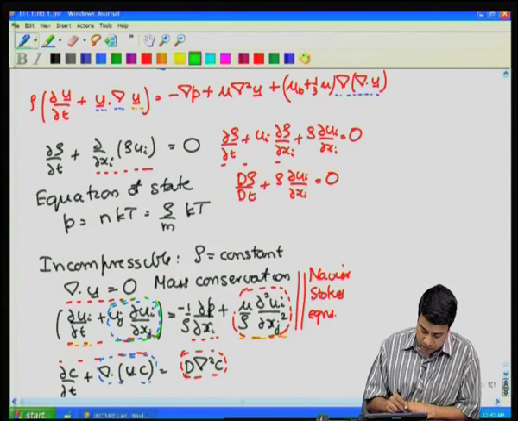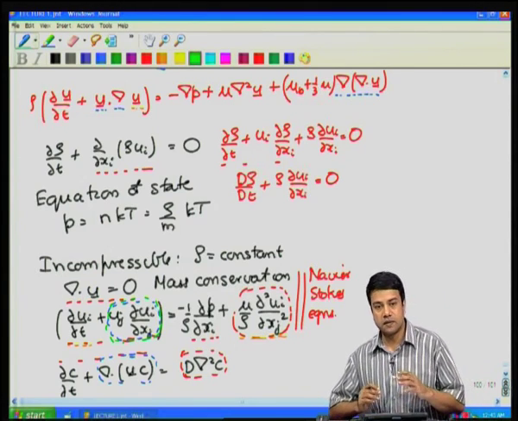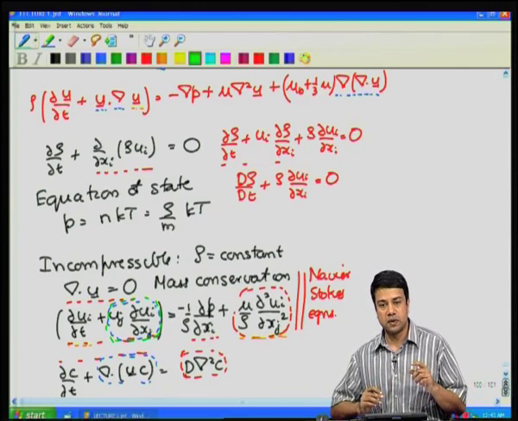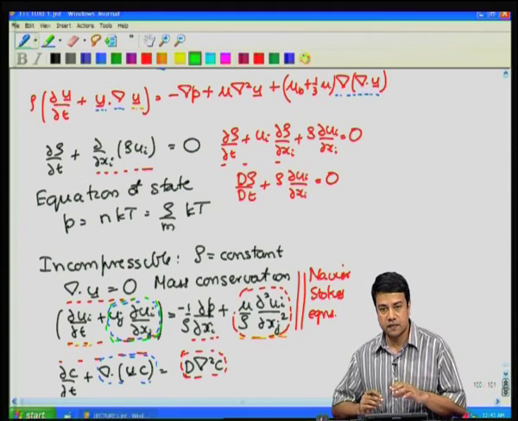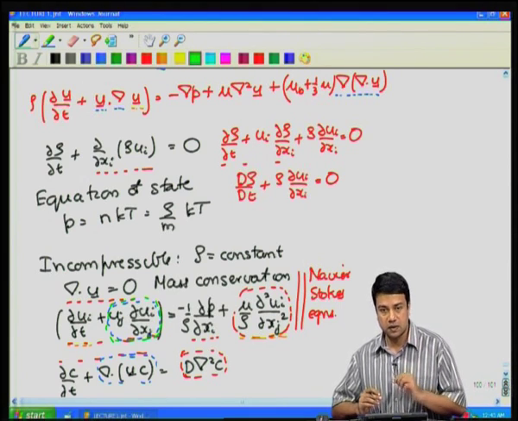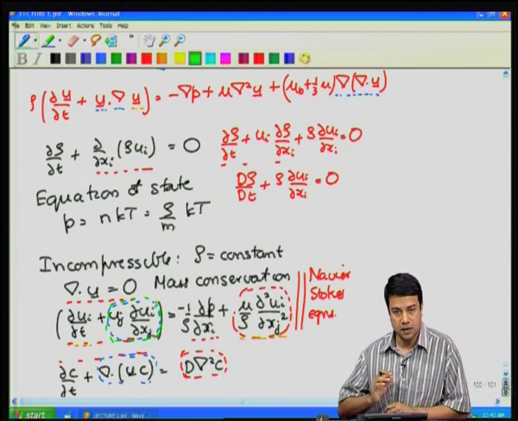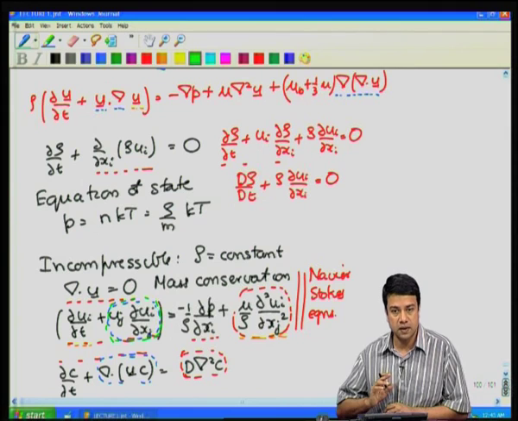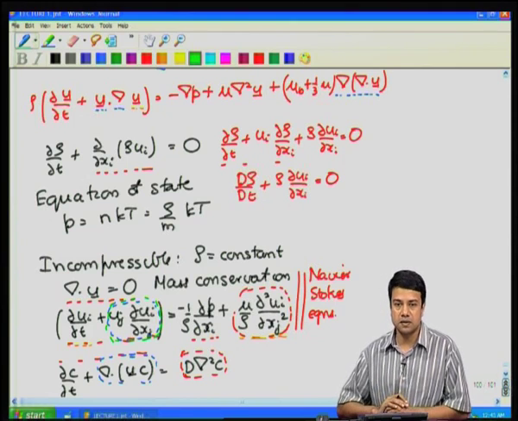If I multiply the velocity everywhere by a factor of 2, the nonlinear term gets multiplied by a factor of 4. So the momentum equation is no longer linear in the velocity field, and when an equation is not linear in the velocity field, there is no guarantee that a solution exists. Even if a solution does exist, there is no guarantee that it is unique.